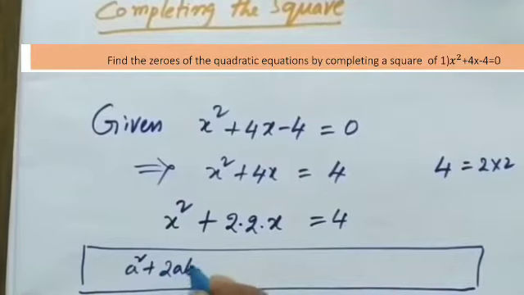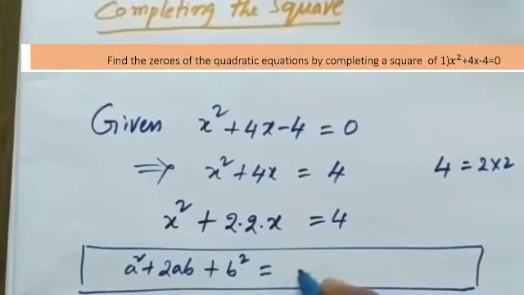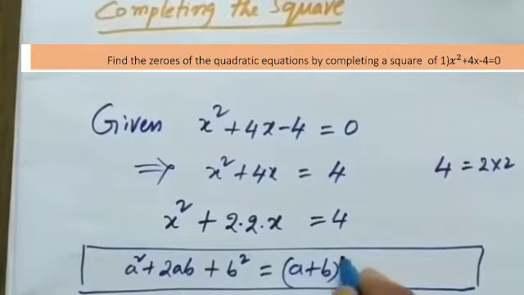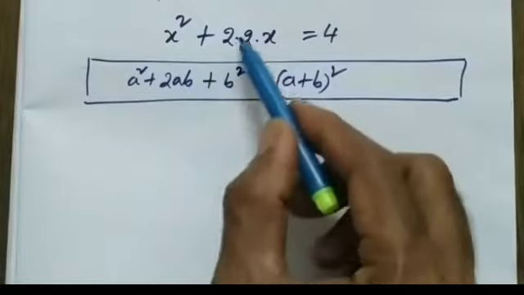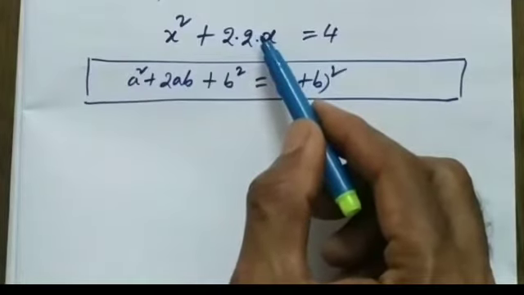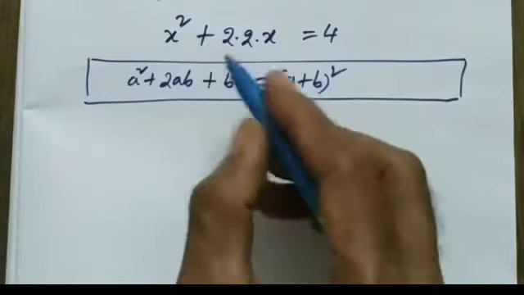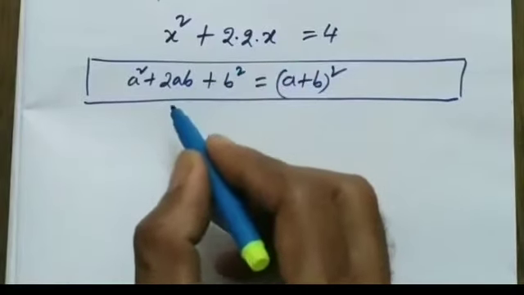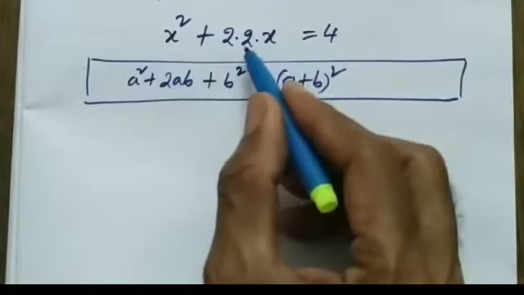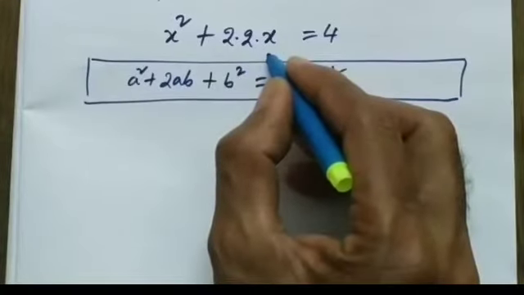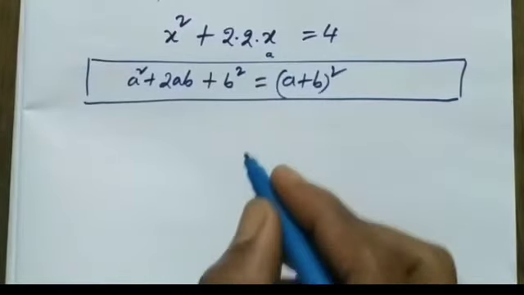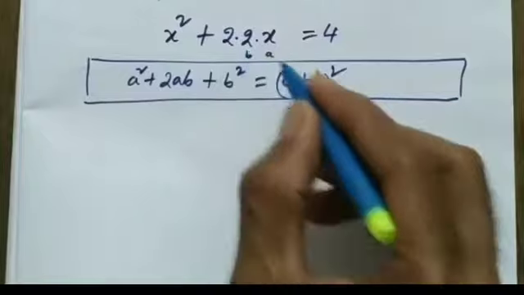So you have to add b squared on both sides. What is the perfect square? a squared plus 2ab plus b squared equal to (a plus b) whole squared. We have the 2ab term there. 2ab means 2 into 2 into x. So a means x, b means 2.